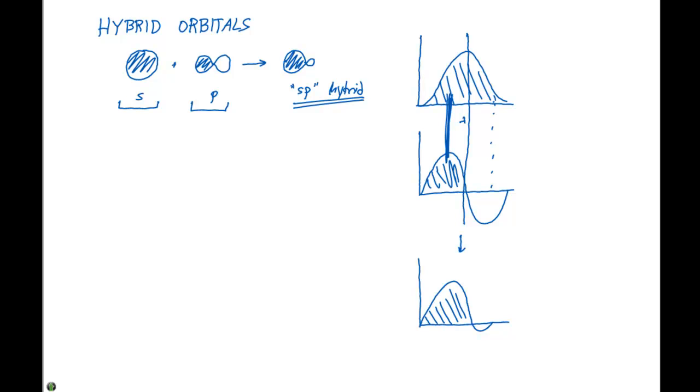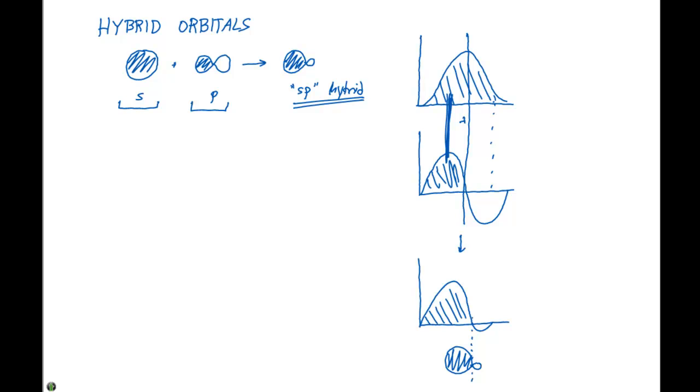And we can now represent that as an orbital with a node that's going to be right here that has this little lobe right here. So the question you might want to ask yourself is, why would an orbital want to do this, and how can we put this into context?